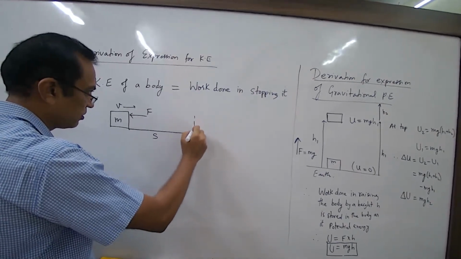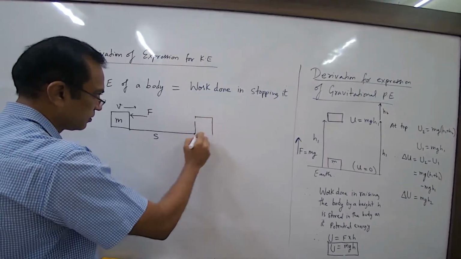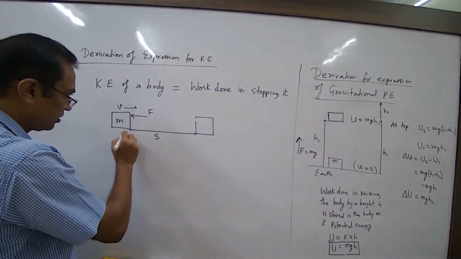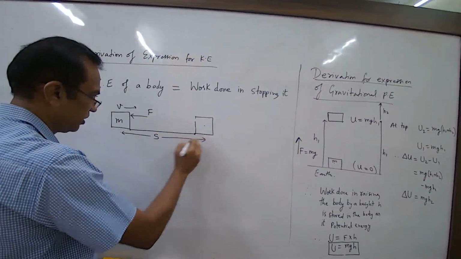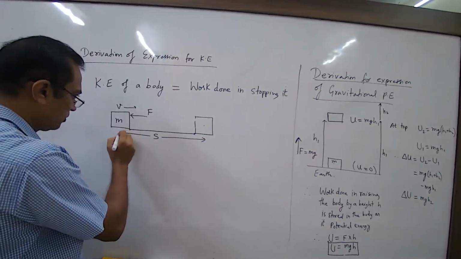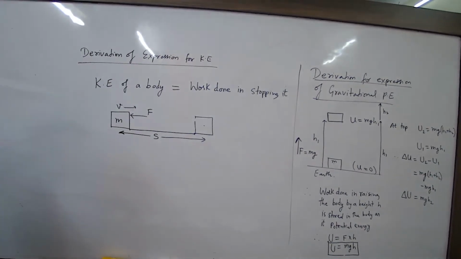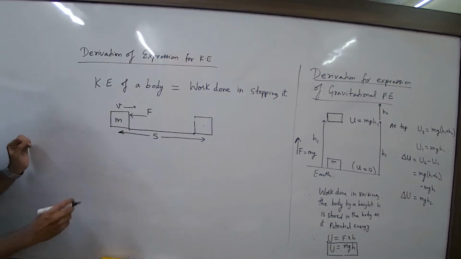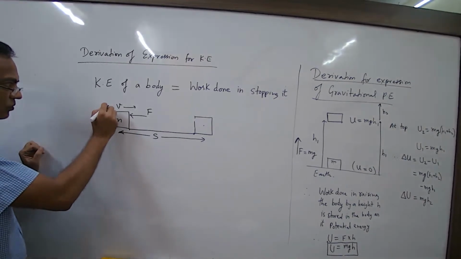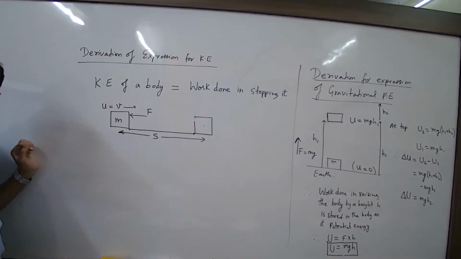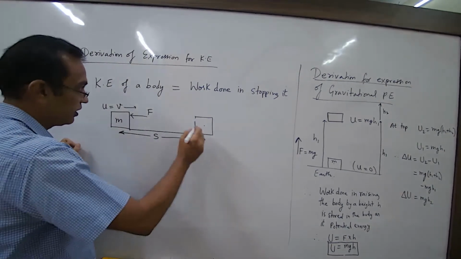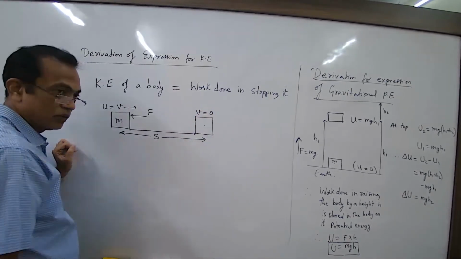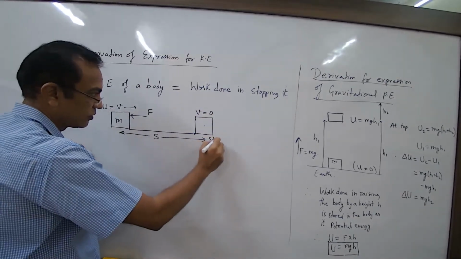So it stops here. I'll measure the distance from the center, since every body is a point body for me. Is the scenario understood? What is the initial velocity? Initial velocity is v. And what is the final velocity? Final velocity is 0 when the body stops.